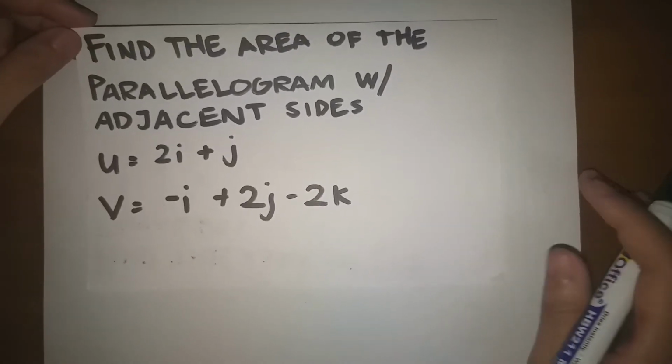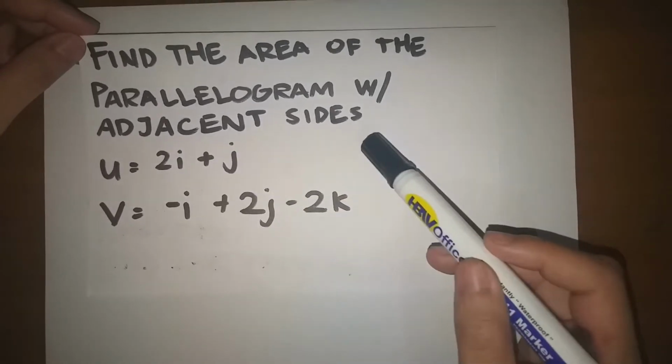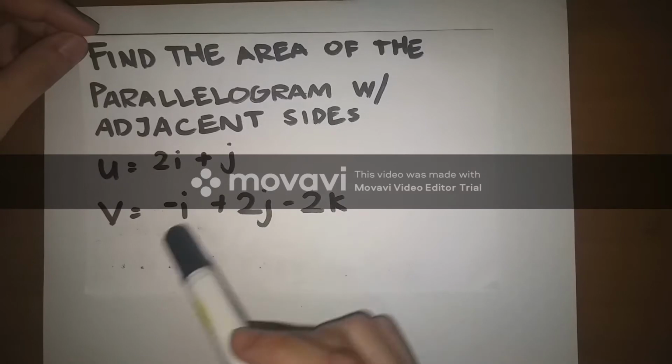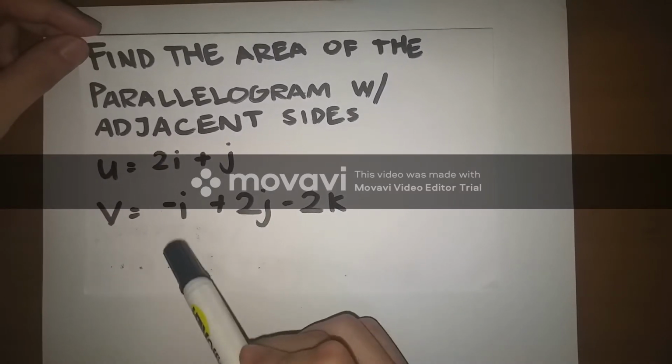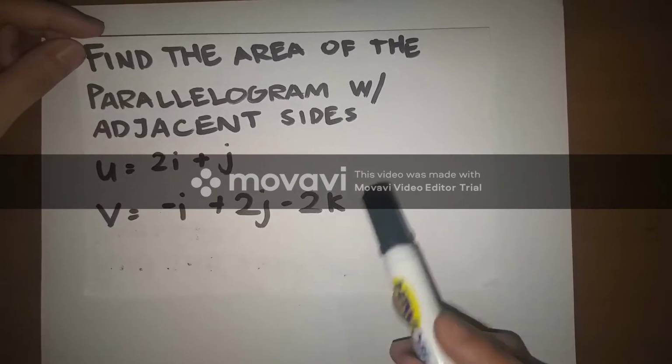So we have a problem. Find the area of the parallelogram with adjacent sides u equals 2i plus j and v equals negative i plus 2j minus 2k.